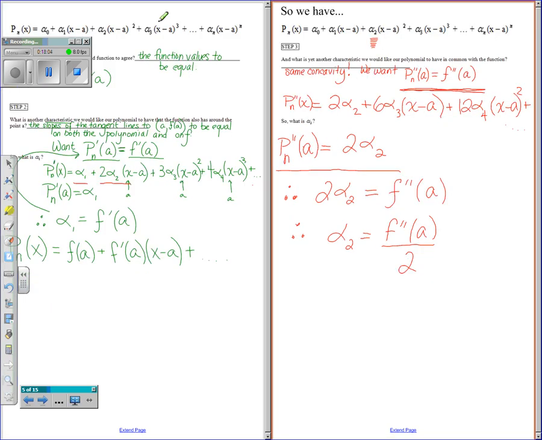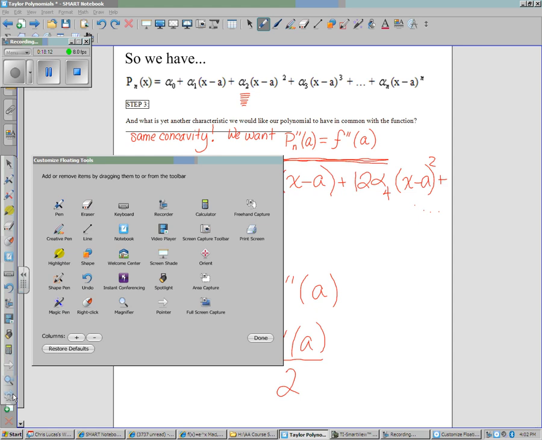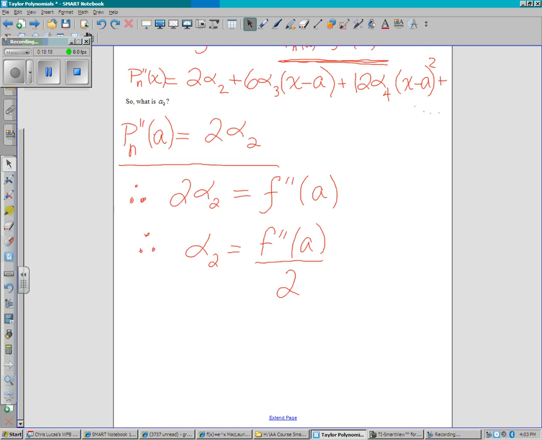Our whole polynomial now, back to the full screen. So far, we have p sub n of x is equal to f of a plus f prime of a times x minus a.